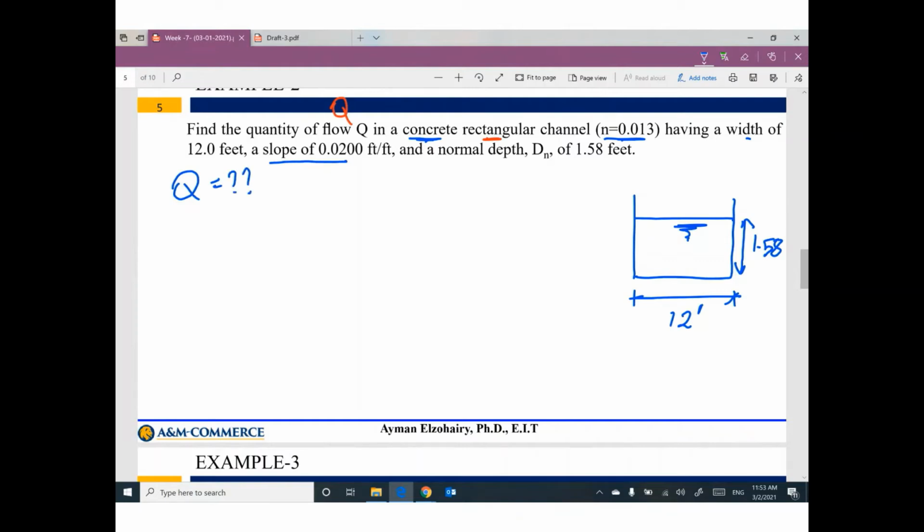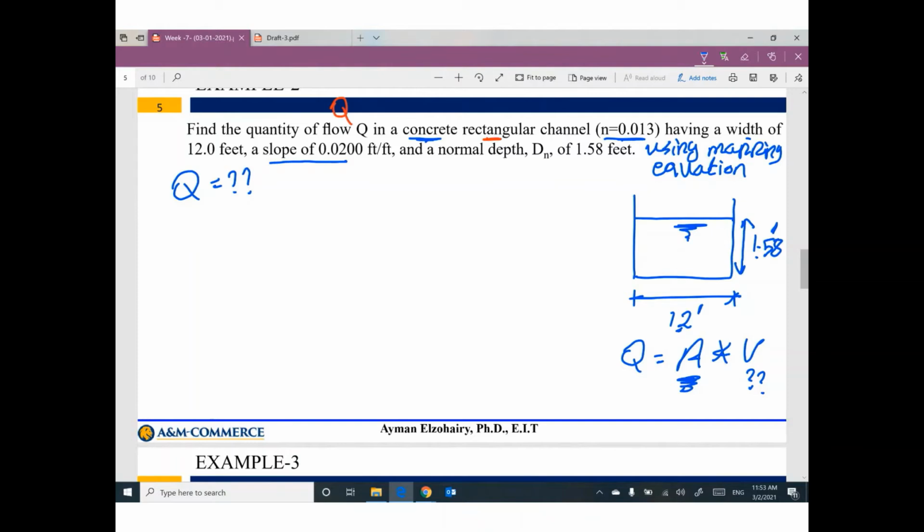I can tell you using the Manning equation. One of you will say, hey, we can say this discharge equals area times V. We understand the value of area equals this width times this depth. Yeah, good work. What is the velocity? The problem did not give you any information about velocity.